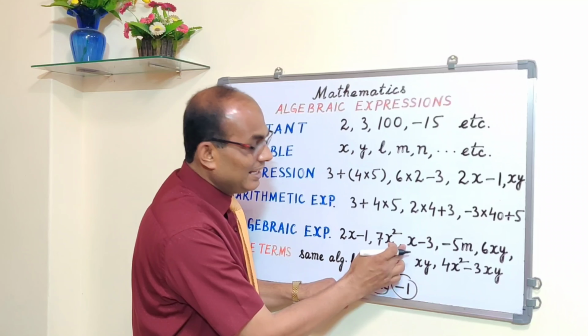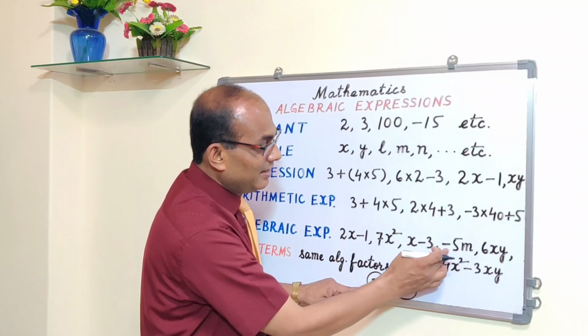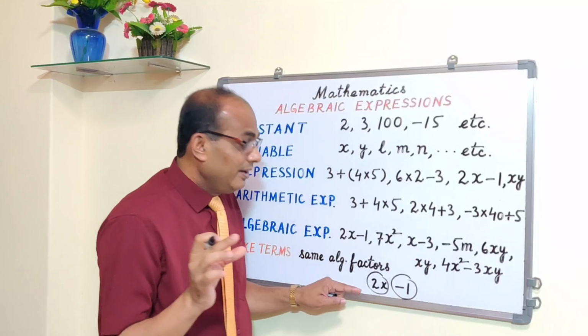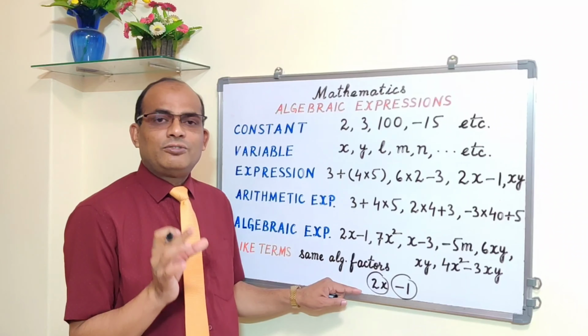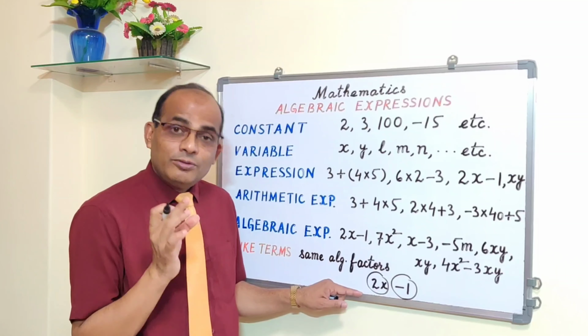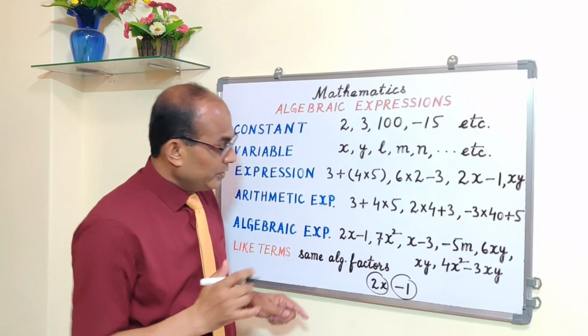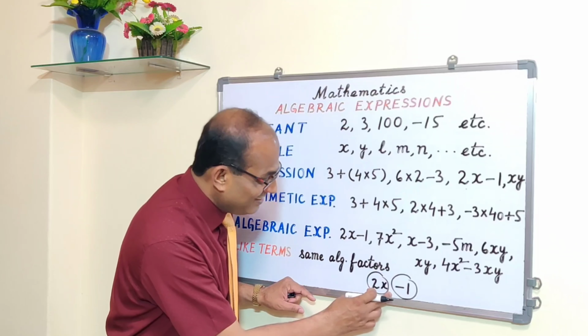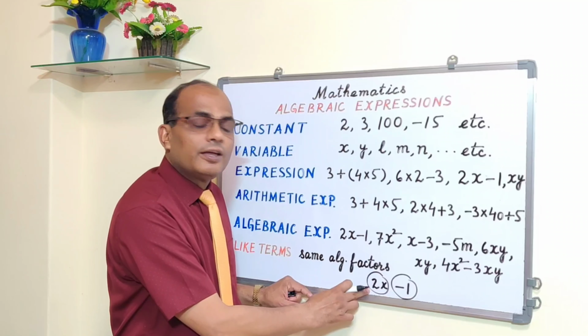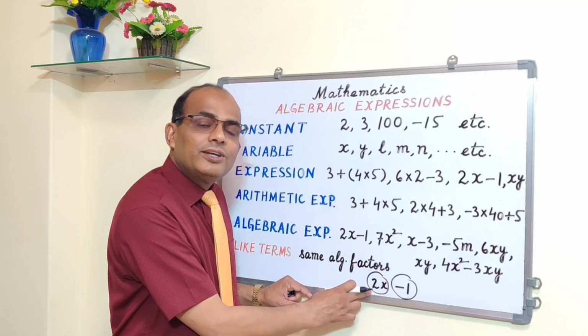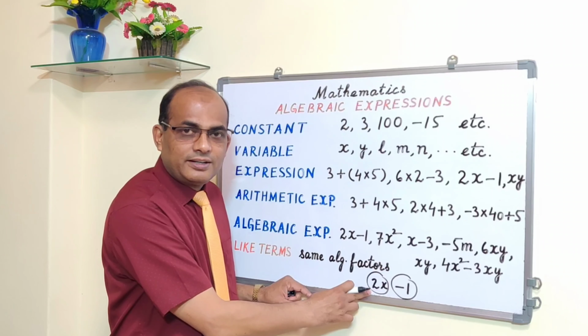in this case there is nothing, means 1, in this case it's -5. The numerical factor of a term is called its numerical coefficient. Numerical coefficient. So the numerical coefficient of 2x is 2, because 2 is the numerical factor. Alright?